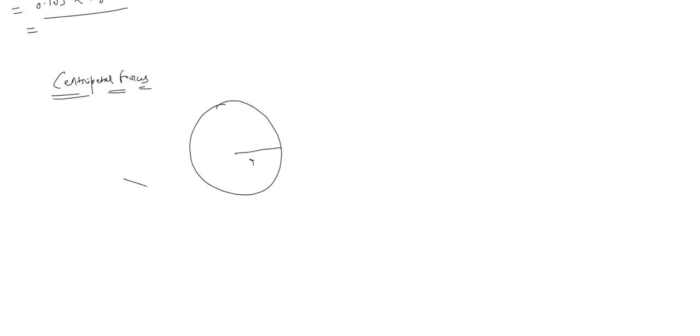The particle is moving anti-clockwise with linear speed v. Now, when the particle is moving with speed v, we say it is constant speed.